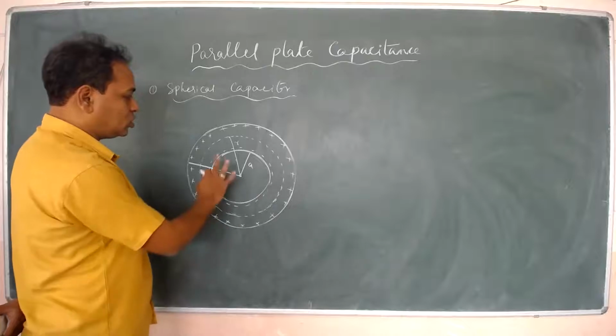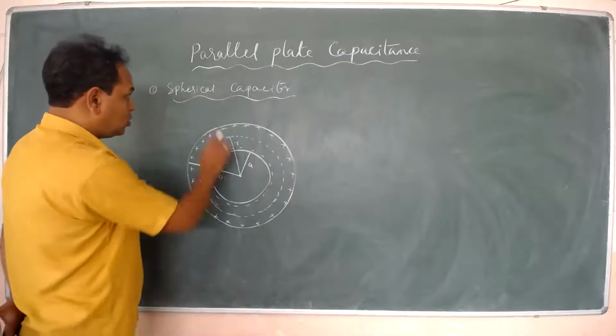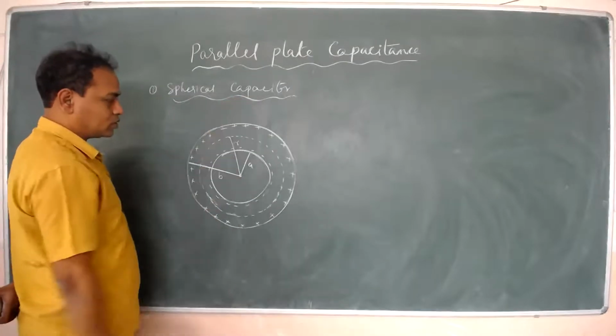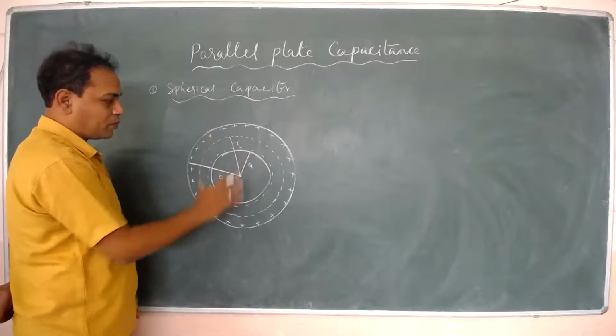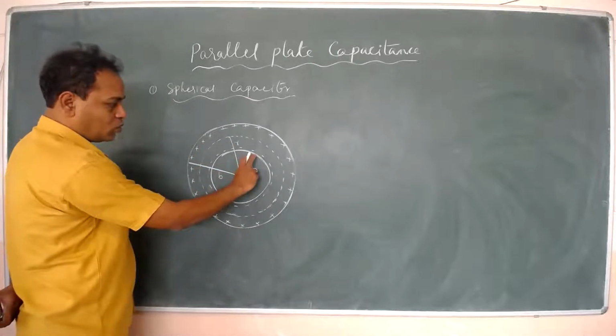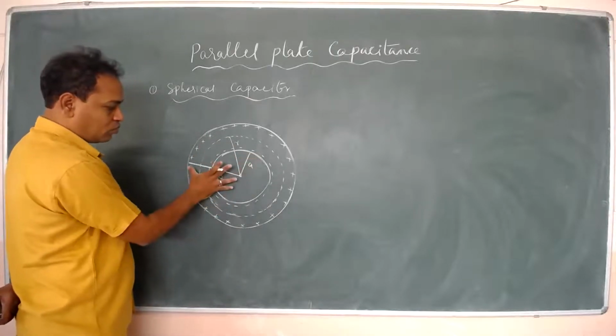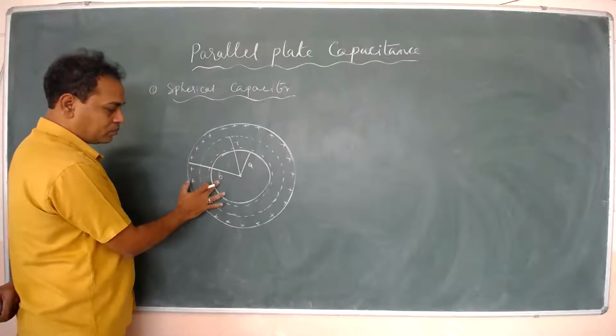Now, this is called a spherical capacitor of radii small a and b.